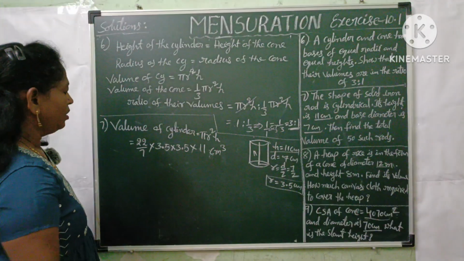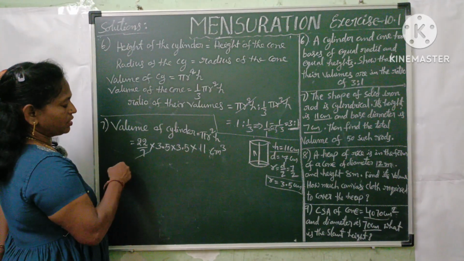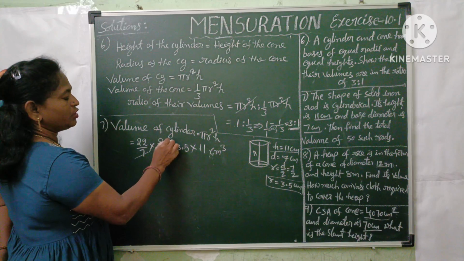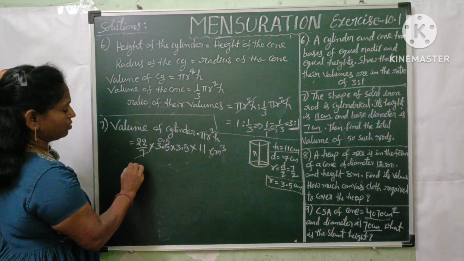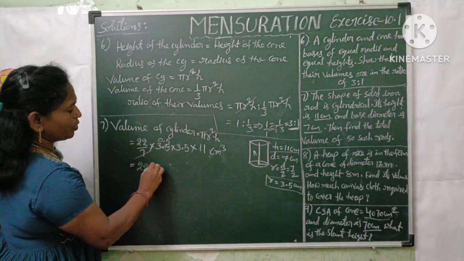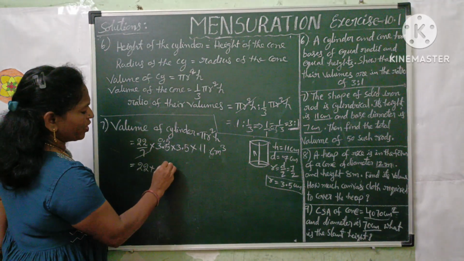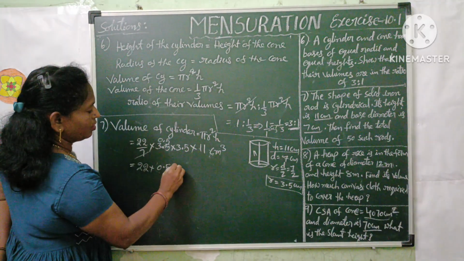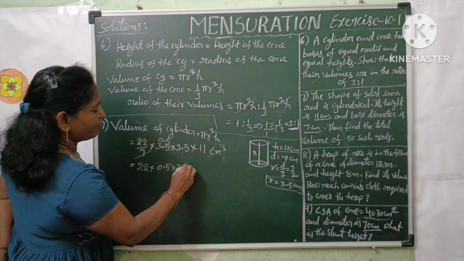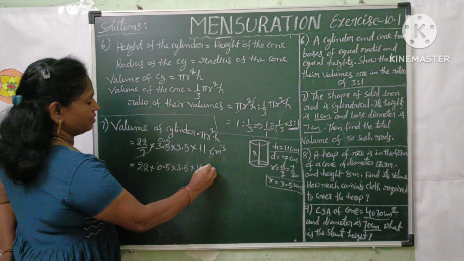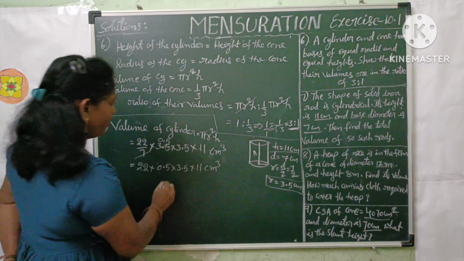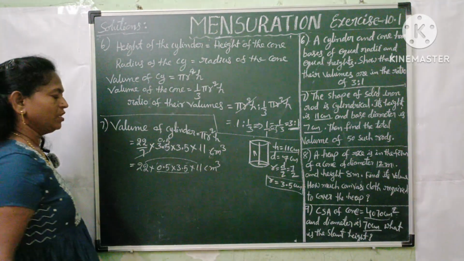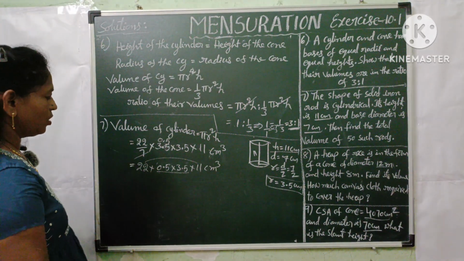Next, by doing cancellation, 7 times 5 in 3.5 means 0.5. That is equal to 22 into 0.5 into 3.5 into 11 centimeter cube. First we need to multiply these two, then we need to multiply these two.